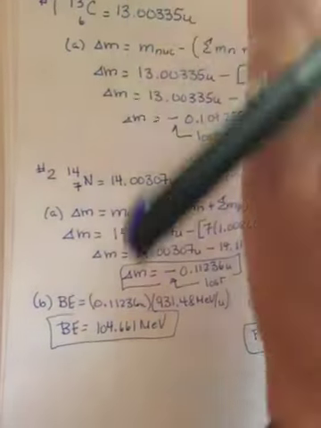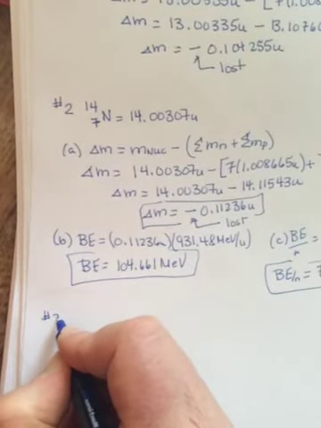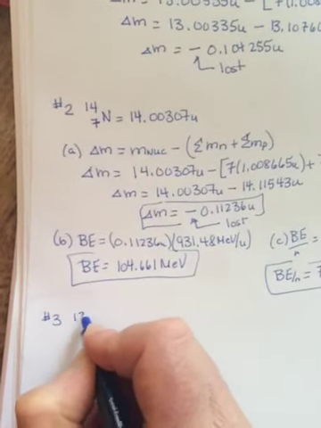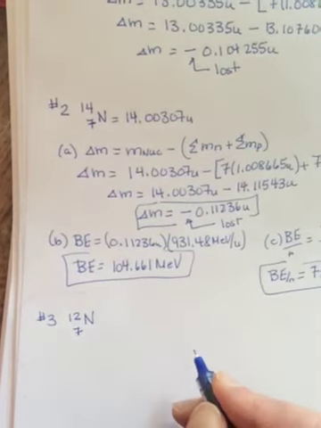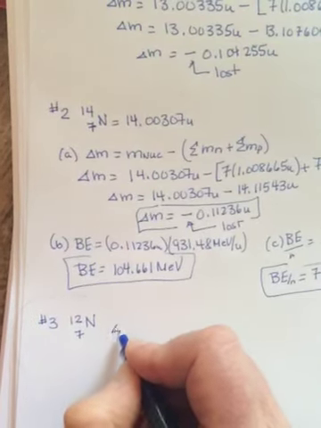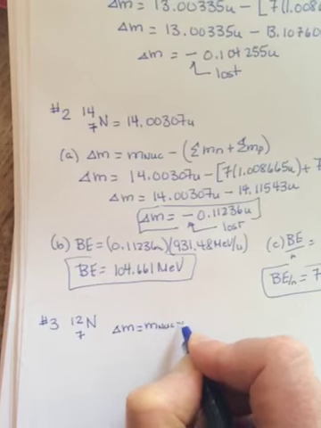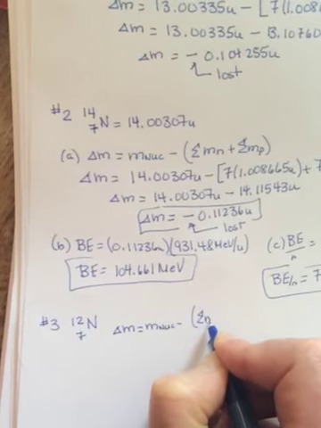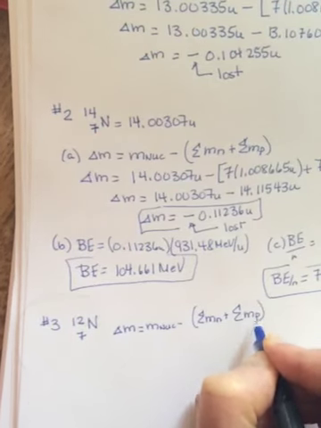Number 3 is again similar. It's telling us that this time you have nitrogen again, but this time it's nitrogen 12. And instead of going through steps, it just goes directly to what's the binding energy, but you still have to do the steps. So delta M is equal to the mass of the nucleus minus the sum of the masses of the neutrons plus the sum of the masses of the protons.